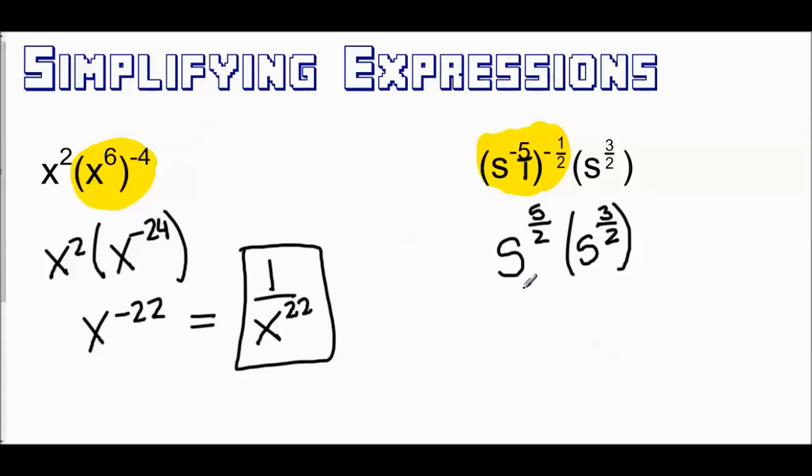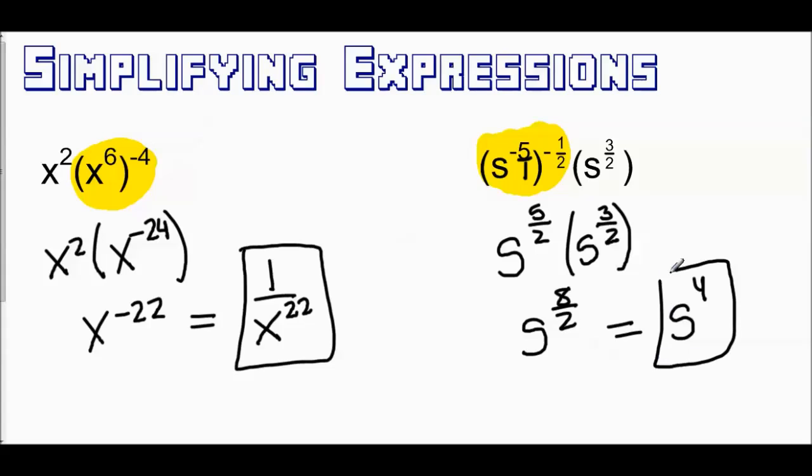Here I have multiplying powers with the same base, so I'm going to add those exponents. Lucky us, they already have a common denominator of 2, so I'm going to add their numerators, which gives 8. So I have s to the 8/2, and that 8/2 can be reduced to the whole number 4. So simplified down would be s to the 4th power.